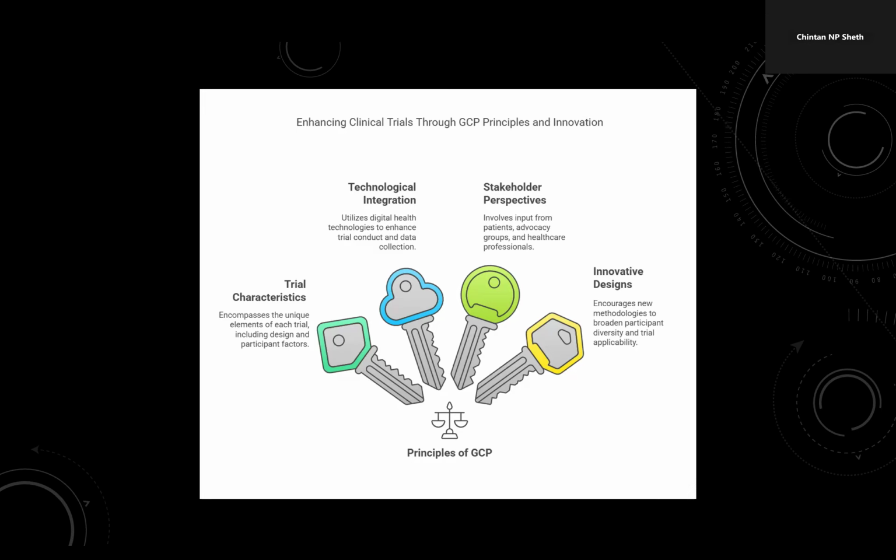This guidance, along with ICH E8 R1, encourages thoughtful consideration and planning to address the specific and potentially unique aspects of an individual clinical trial. This includes evaluation of trial characteristics such as design elements, the investigational product being evaluated, the medical condition being addressed, the characteristics of the participants, the setting in which the clinical trial is being conducted, and the type of data being collected.